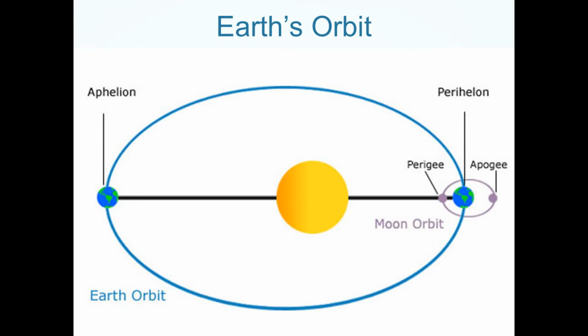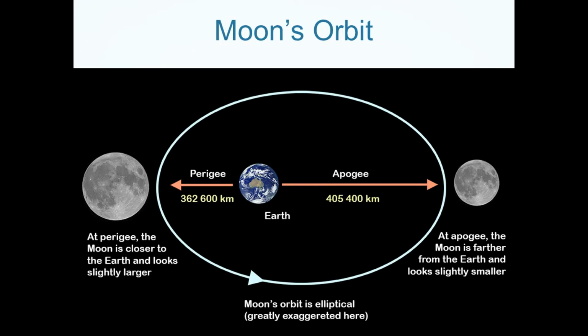So this next slide, you can just see a little bit more information. You can see actual distances between the Earth and the moon. And so you can see at the perigee, the moon is about 362,600 kilometers away. And at the apogee, it's a little bit further at 405,000 kilometers away.